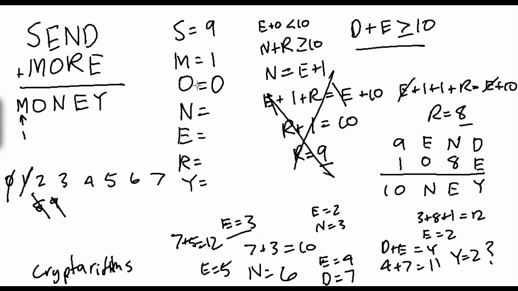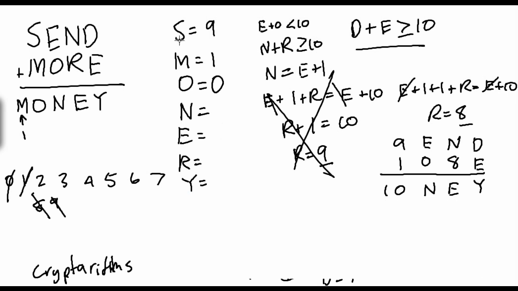So let's just try it out to confirm that it works. And I'll do that now. So N would equal 6, E is 5. R would equal, what did we say? R was 8, yes. And Y would equal 2. Okay, let's see if it works. SEND.